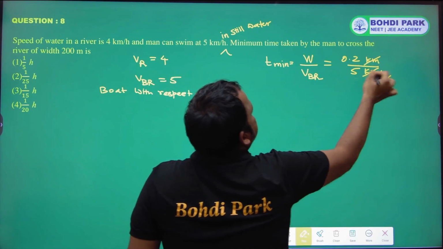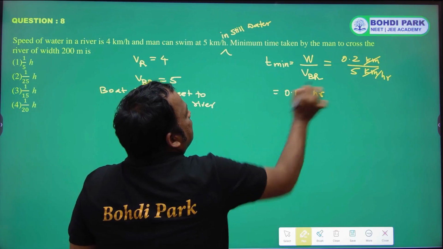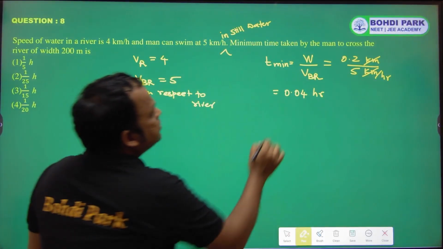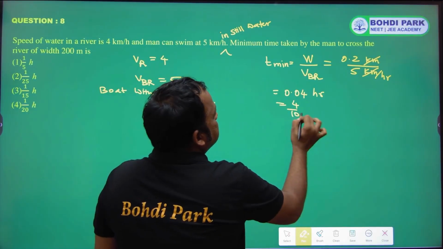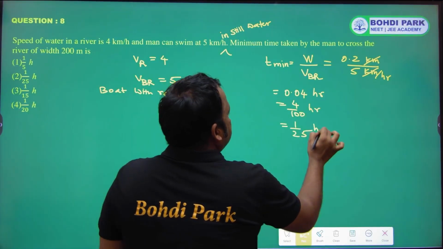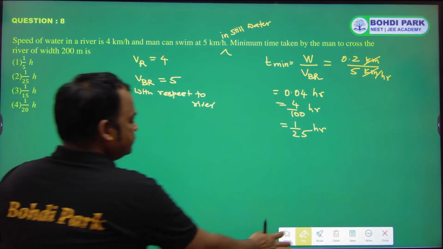So kilometer cancel, hour, so 0.04 hour, or we can say 4 by 100 hour. So this is 1 by 25 hour. Okay, done. 1 by 25 hour, done. Now next question.